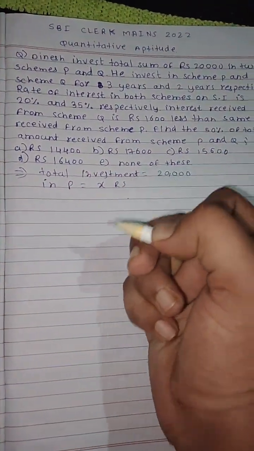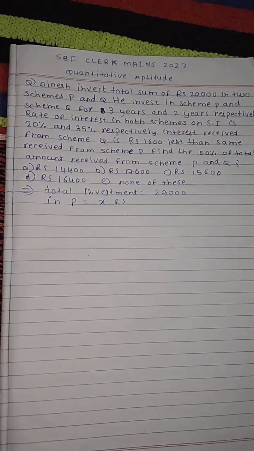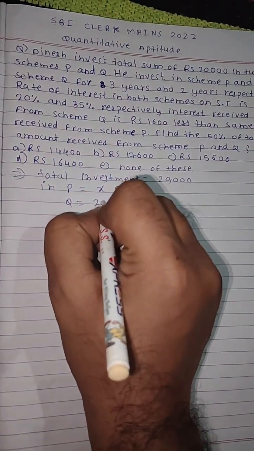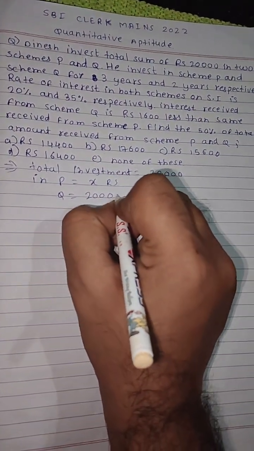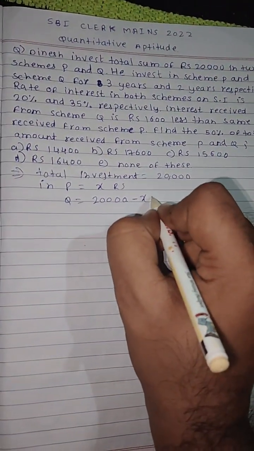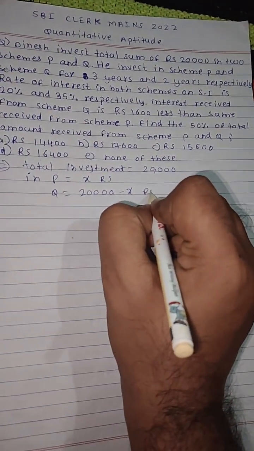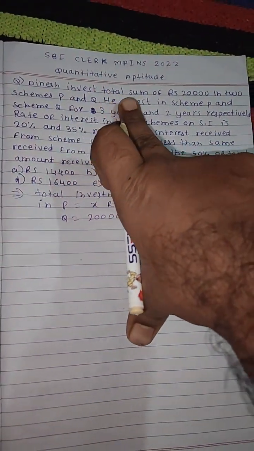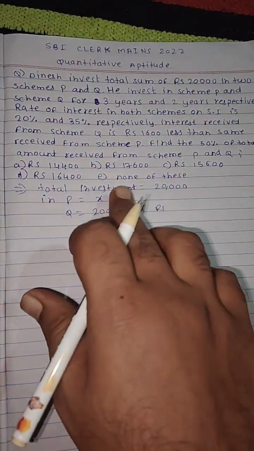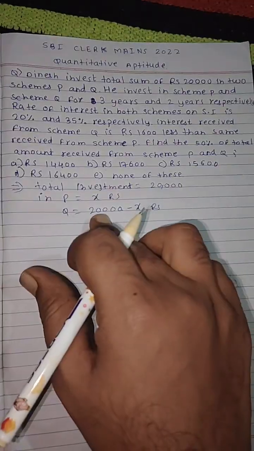So in Q it will be 20,000 minus X rupees. Means in both the schemes combined he invested 20,000.